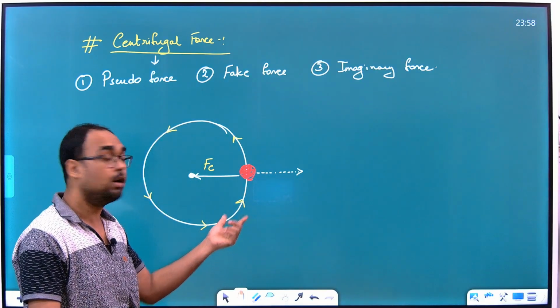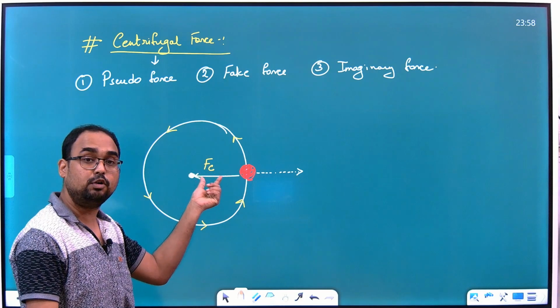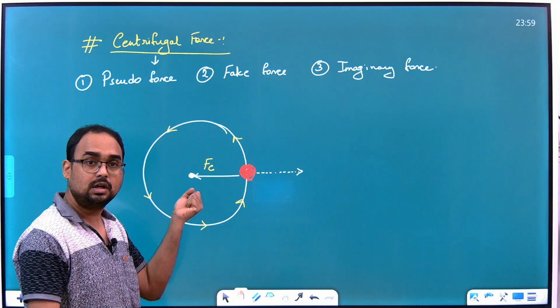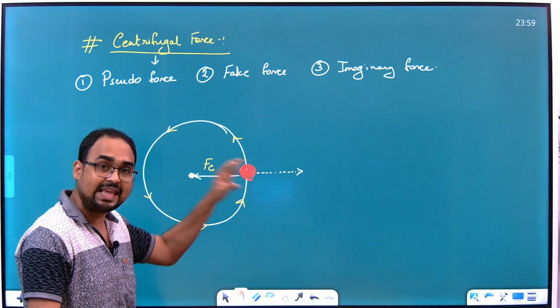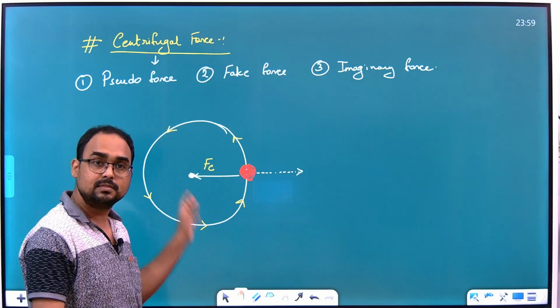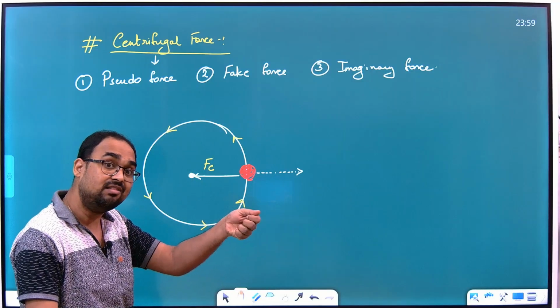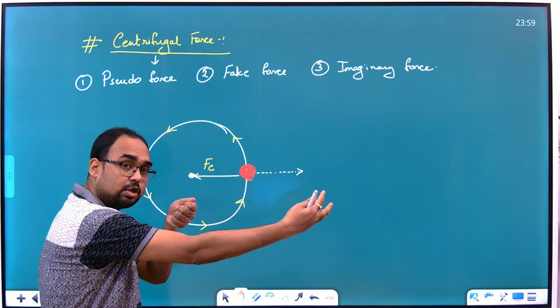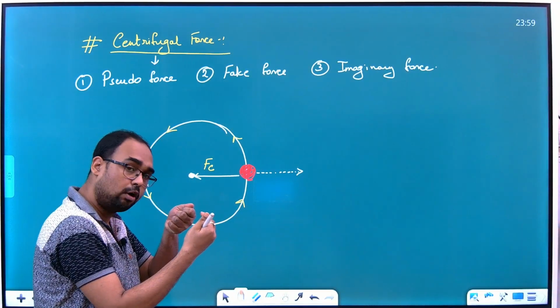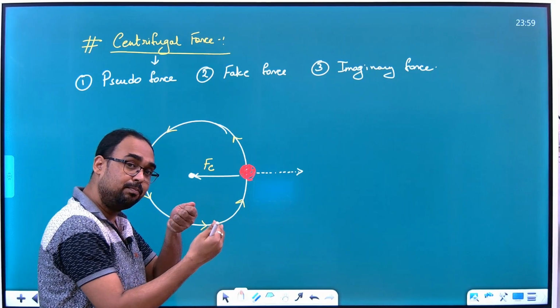Otherwise, what would have happened if only this centripetal force existed? This body would have come over here with the force. But that never happens. It stays in its path and keeps on rotating. Although you are feeling a force of something being attached on the other side of the rope, still it does not come and fall on your hand. Why?